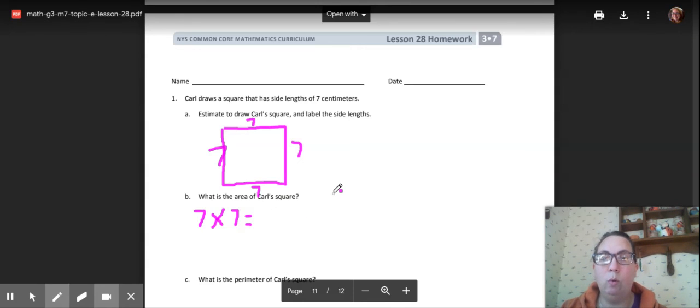If you knew what 7 times 5 is, you could add 2 more 7s to that. I know that 7 times 7 is 49, so I don't need to use any of those strategies. And this time I'm going to put centimeters squared, because remember, when we multiply, we do that. You don't have to write it this way. You could write the words square centimeters.